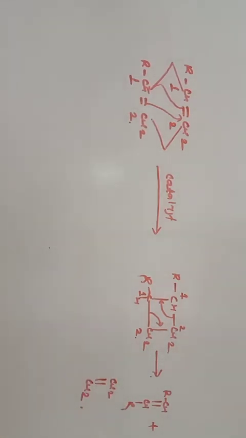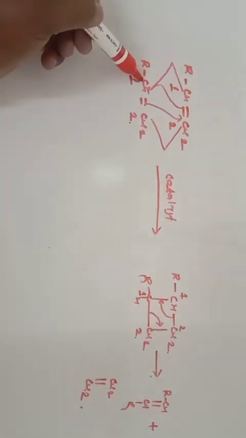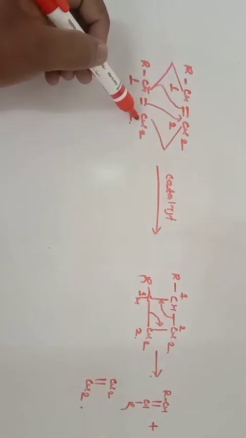Remember, the new bond is formed between two sp2 carbons, meaning carbon-carbon double bond carbons, that are not previously joined. Carbon number 1 and 1 were not previously joined, and carbon number 2 and 2 were not previously joined.